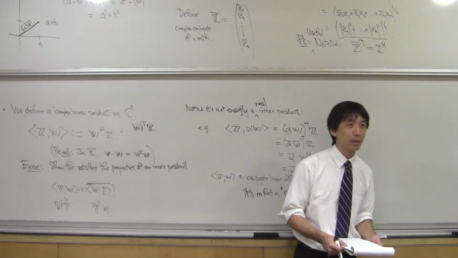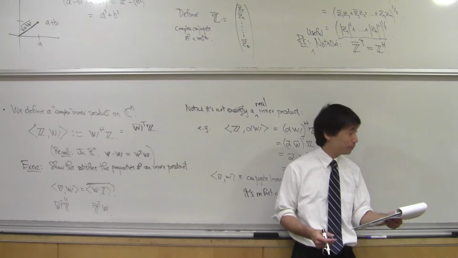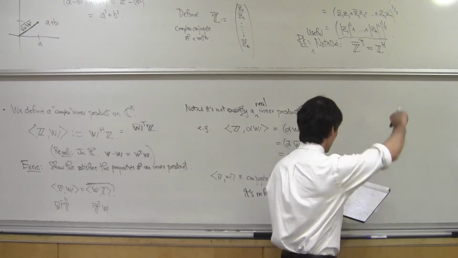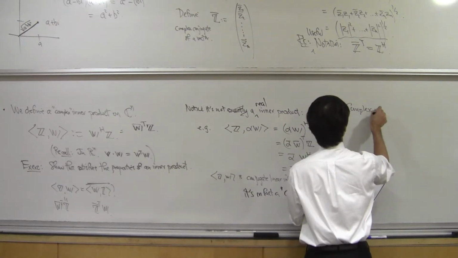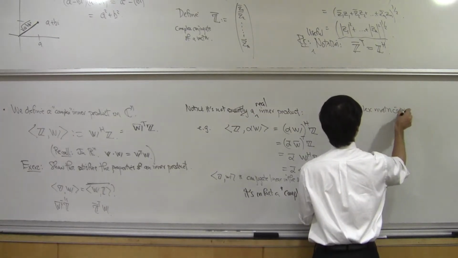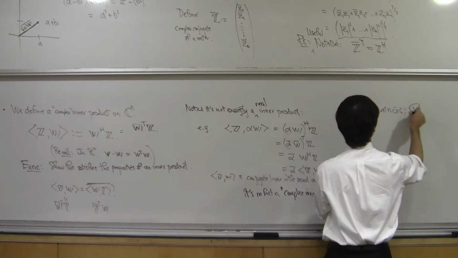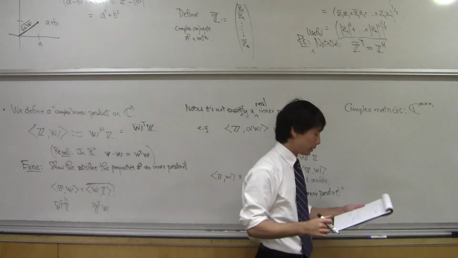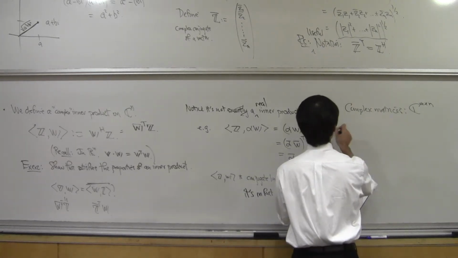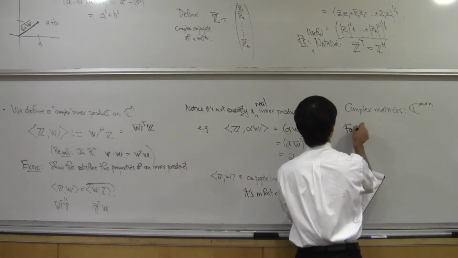Okay. So far, pretty simple, I hope. I haven't really done anything. Complex matrices. So you have n by n matrices where the entries are complex, and I think we did this before.